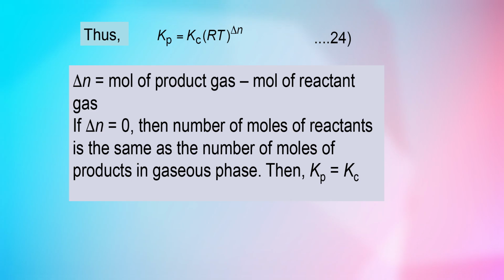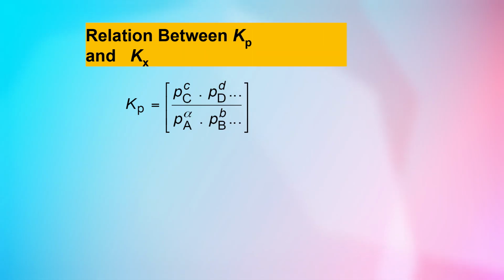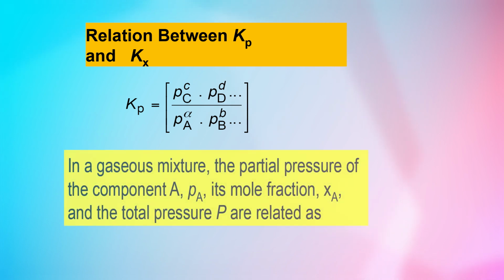Okay? Next we come to the relation between Kp and Kx. Again, this is the equation 15 which we discussed already. In a gaseous mixture, the partial pressure of the component A, Pa, its mole fraction XA and the total pressure P are related as this. We have already done this.